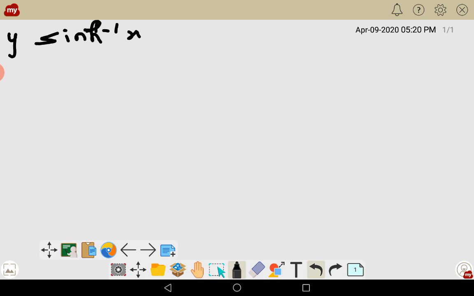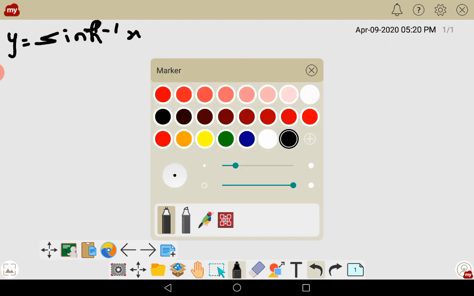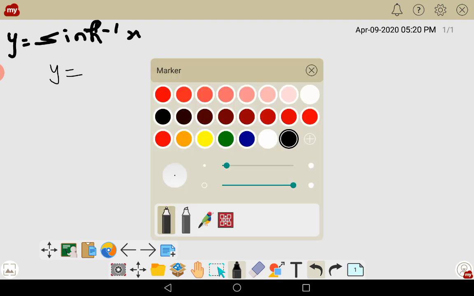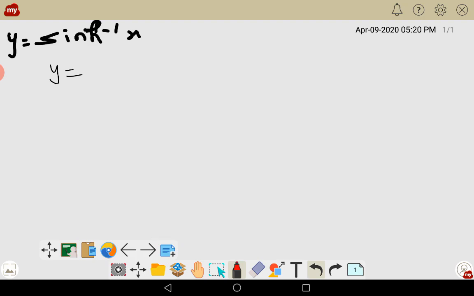We take this equal to y. Now we write x is equal to e raised to y minus e raised to minus y divided by 2, since y is the inverse sine hyperbolic of x. Sorry, I will write this one differently.